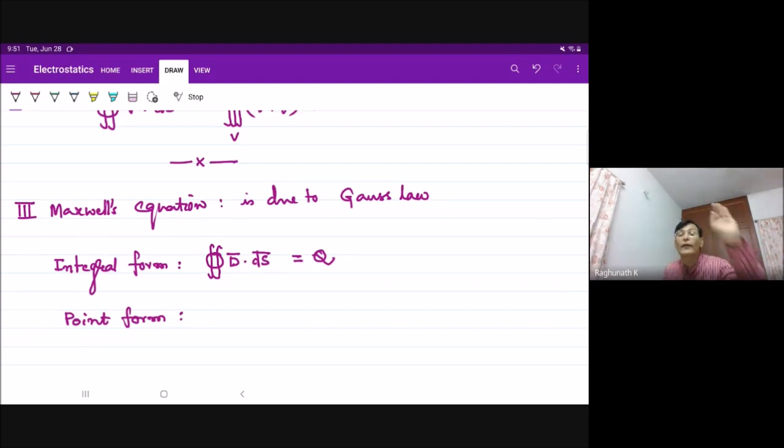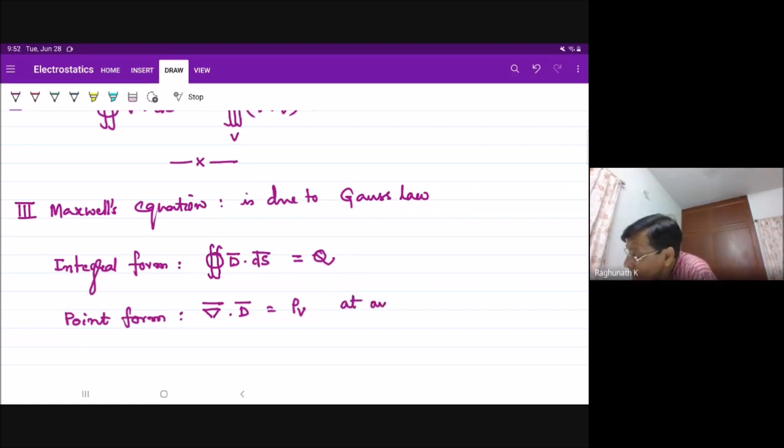Point form is divergence: del bar dot D bar at any point is equal to the volume charge density at any point. At any point in the field.